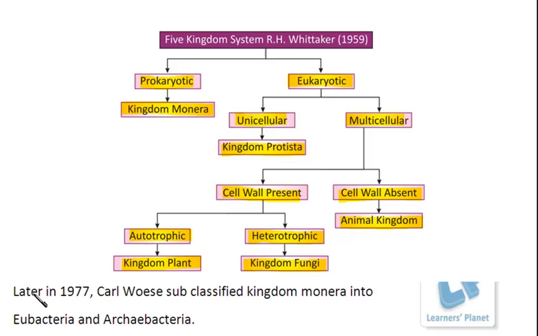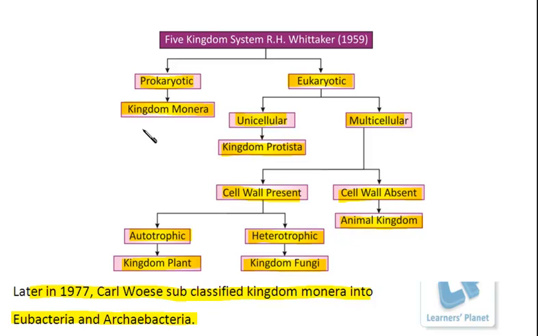Later on, in 1977, Sir Carl Woese subclassified the kingdom Monera into Eubacteria and Archaebacteria. Monera is comprised of all unicellular prokaryotic organisms. And you know which type of organisms have these properties?